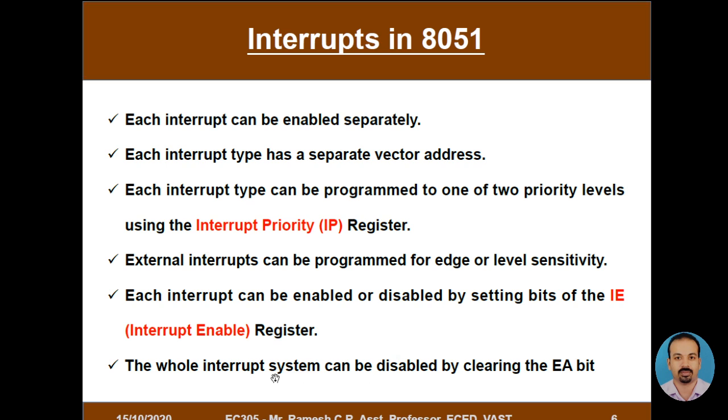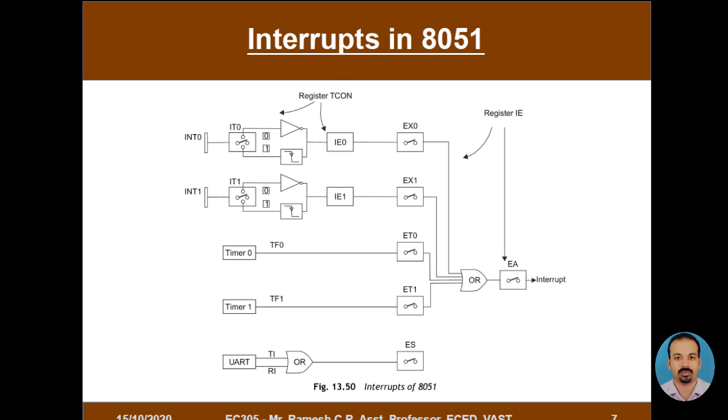To perform the global enabling of the interrupts, we have the enable all EA bit in the interrupt enable register. So it is clear that for interrupt programming in 8051, we should be aware of two specific special function registers: one is interrupt priority and the other is interrupt enable. So let us look into them.